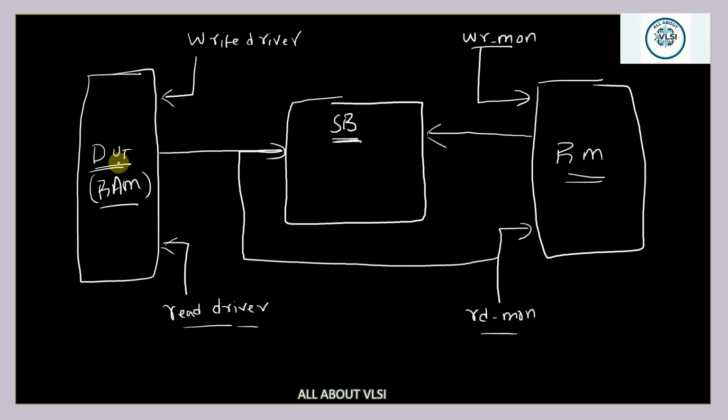The write driver and read driver have the direct connections, and the write monitor and read monitor collect that information from the interface and give it to the scoreboard via the mailbox. The reference model and scoreboard also have a direct connection using our mailbox. So this is the component we are going to build.